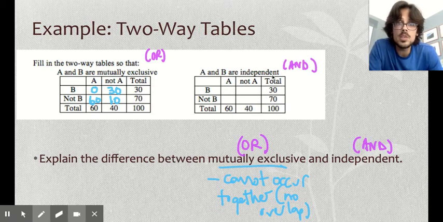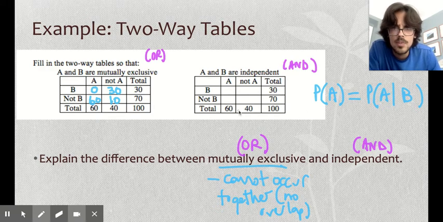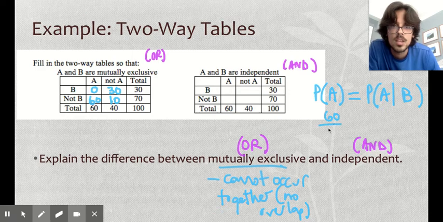Independent, on the other hand, this one is usually a little tougher on kids to figure out. It goes back to that definition of independence. You can do it in either direction, but I'm going to do probability of A versus probability of A given B, and these need to be equal. The probability of A, I can pick out of my picture right here, it's 60 out of 100. So that's fine.